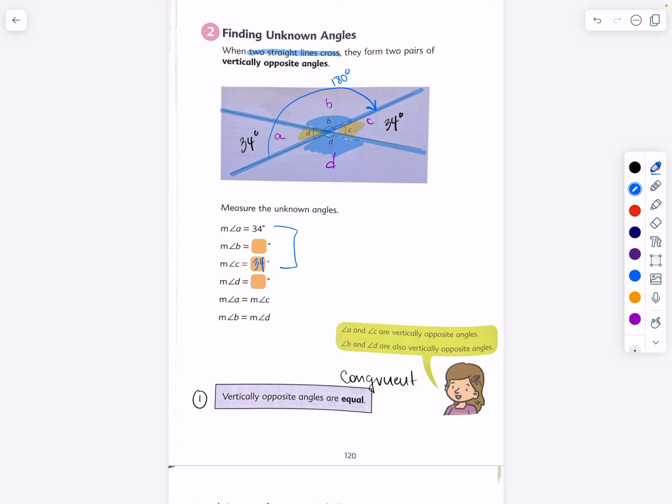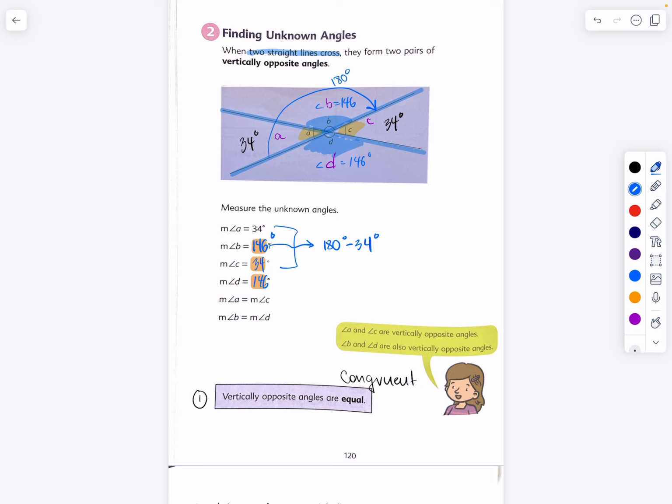So if A and B are 180 degrees, then B is 180 degrees minus 34 degrees, giving us 146. And because angle B equals 146, therefore angle D is also 146.